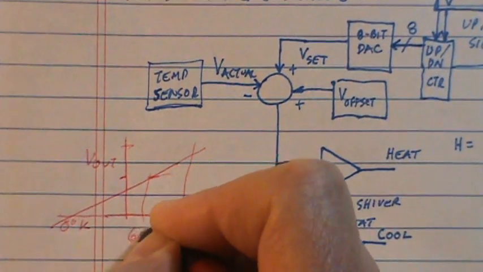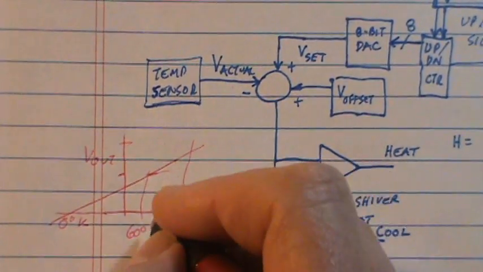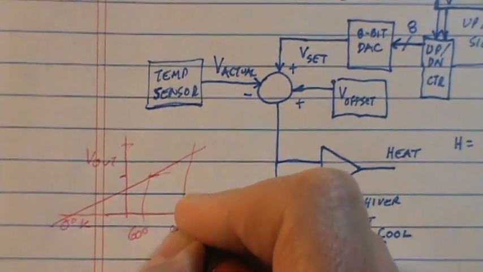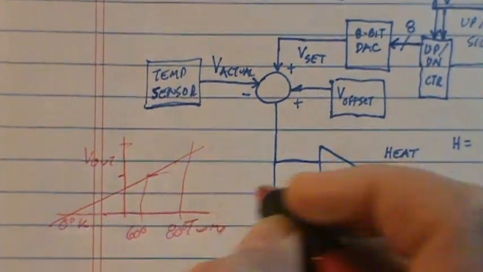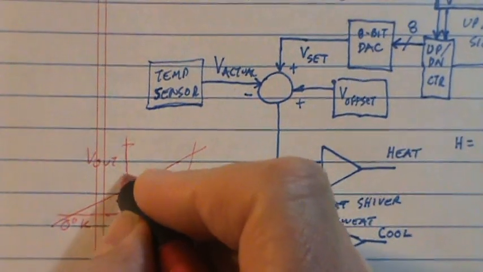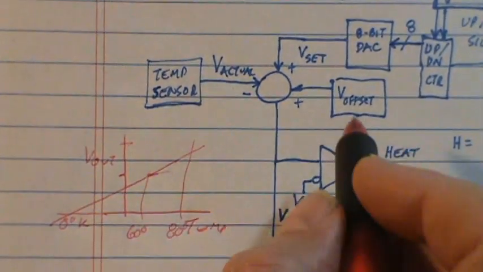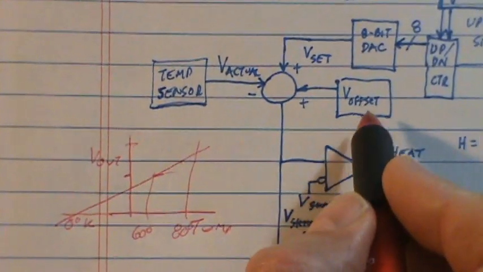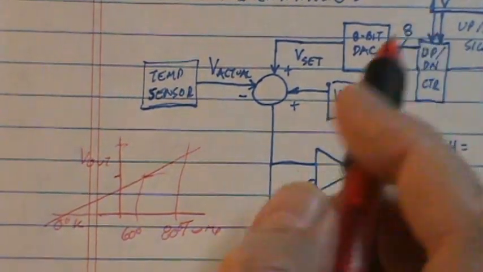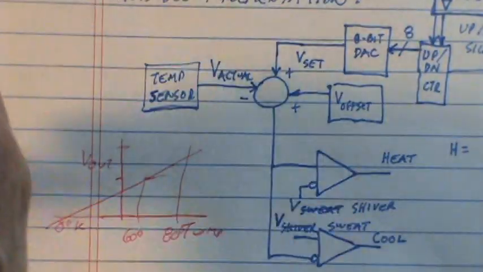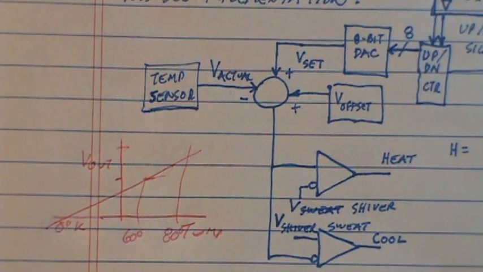So say this was 60 degrees, and I'm working in Fahrenheit, but the same thing applies across centigrade. If I've got 60 to 80 here, I'm going to have one positive voltage, another positive voltage, and that's what I would need to take out here in this offset step. It's like, where's your starting point? It's not zero, but it's some other voltage.